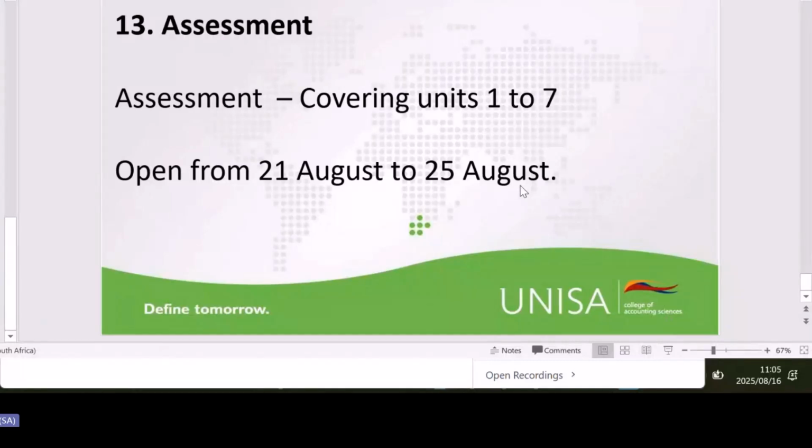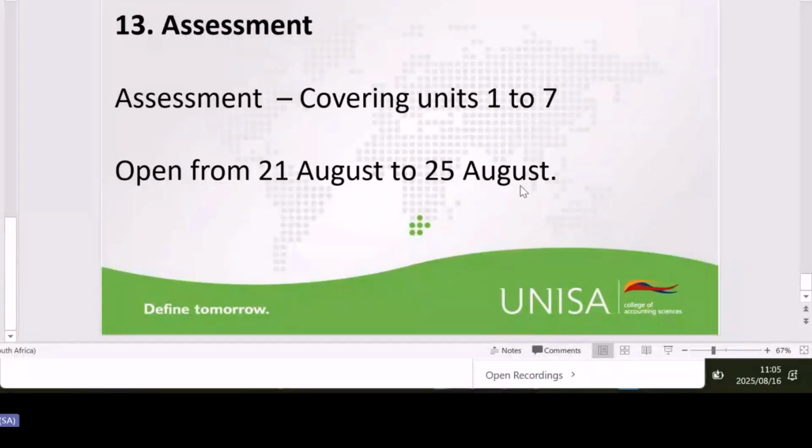That assessment will be covering everything that we have done from unit number 1 up until unit number 7. So let's go and do it.